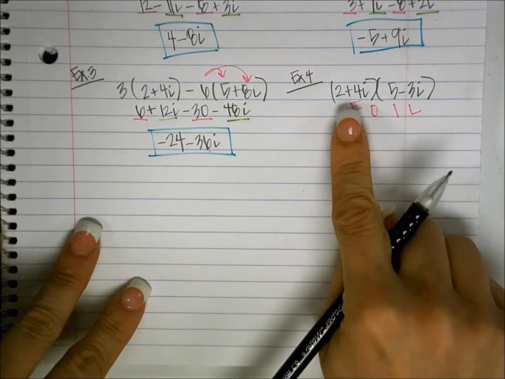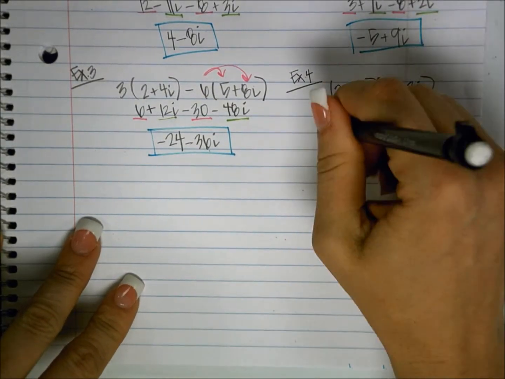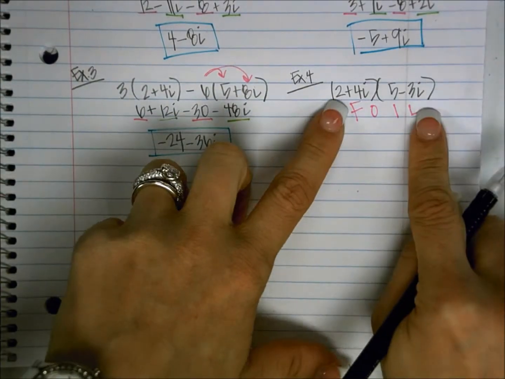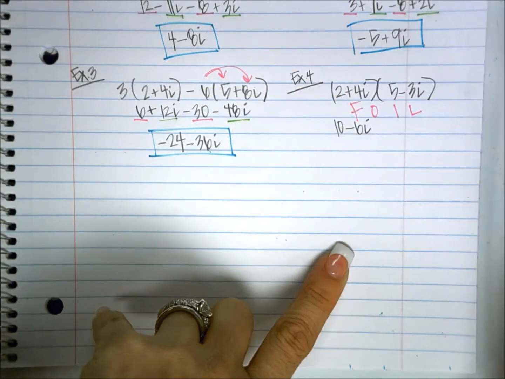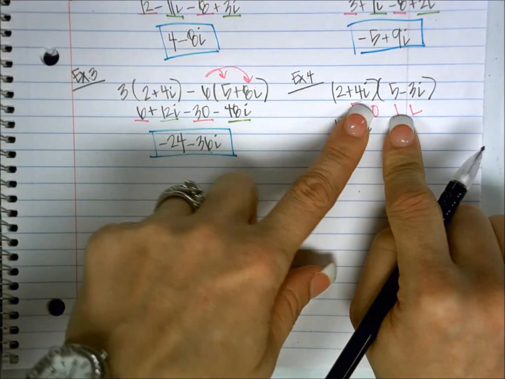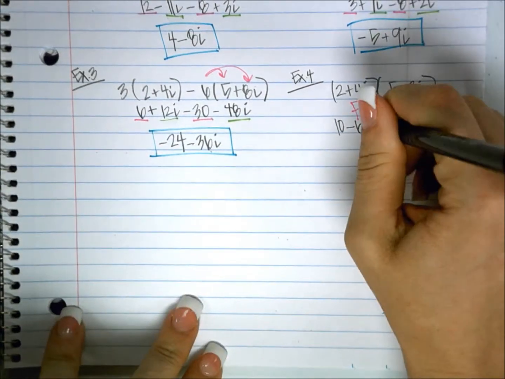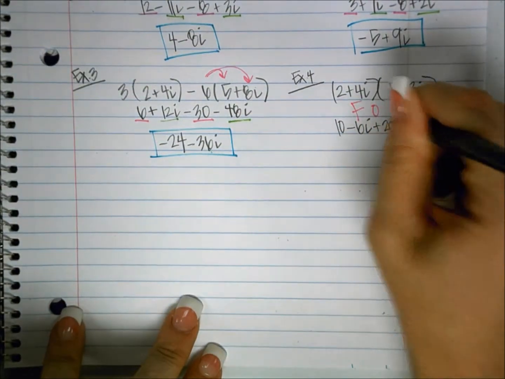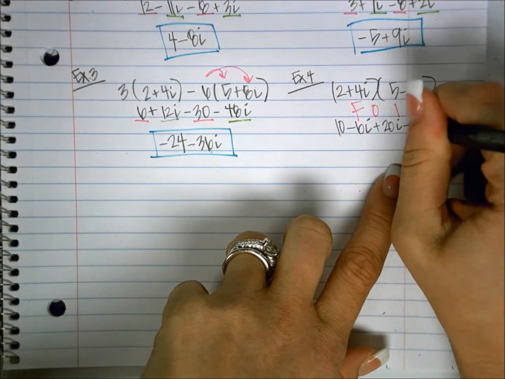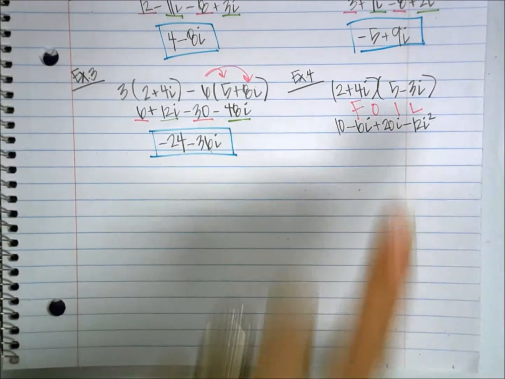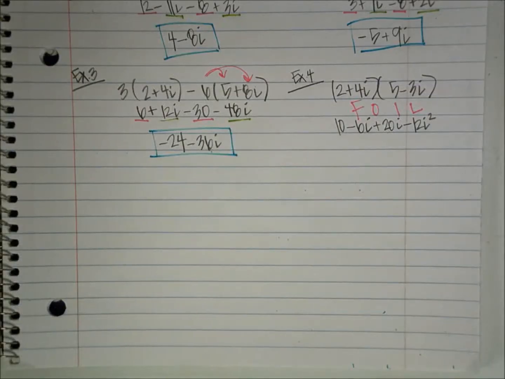So first times first, 2 times 5 gives you 10. Outsides, 2 times negative 3i is negative 6i. Insides, positive 4i times positive 5 gives you plus 20i. And last, 4i times negative 3i is negative 12i squared. Now, you cannot combine like terms just yet. We have to simplify.